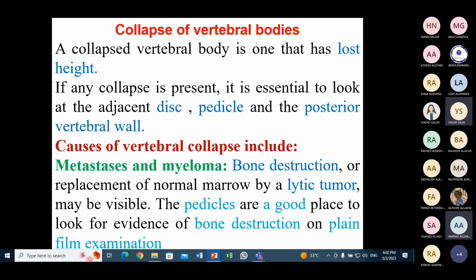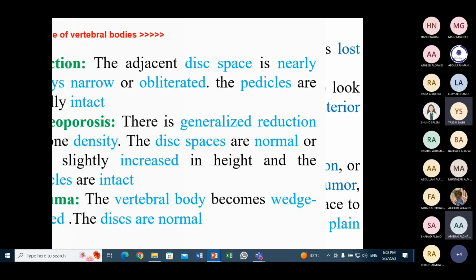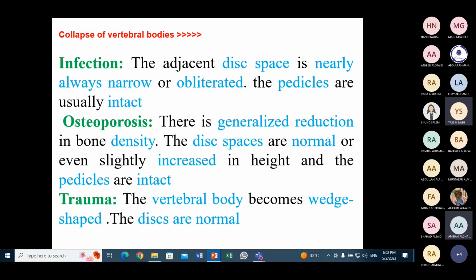What are the differential diagnoses of vertebral collapse? If we have a vertebral body whose height is decreased, this may be due to metastasis, myeloma, fracture, infection, osteoporosis.